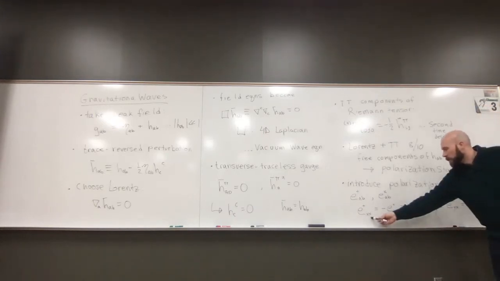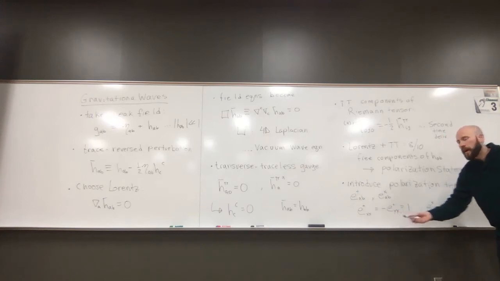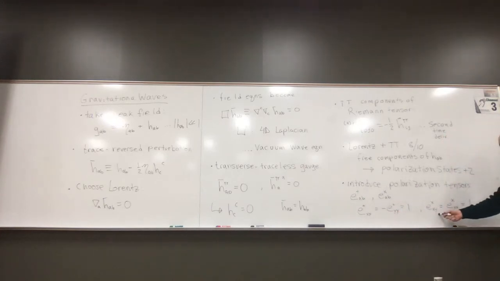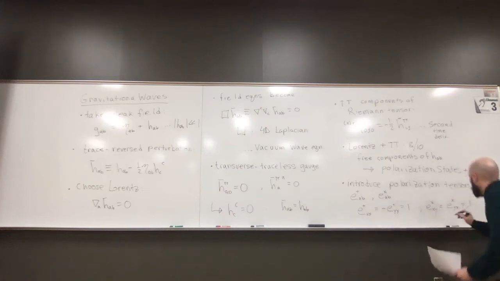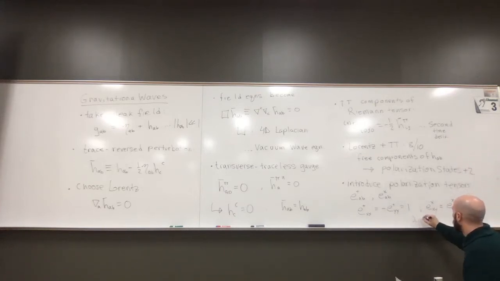So the xx is the negative of the yy for plus, and the xy and yx components are symmetric for the cross, equal to 1. All other components of these tensors are 0 in a Cartesian basis.